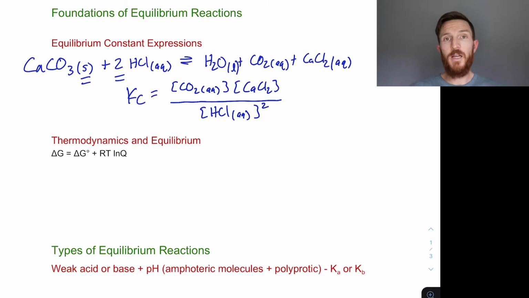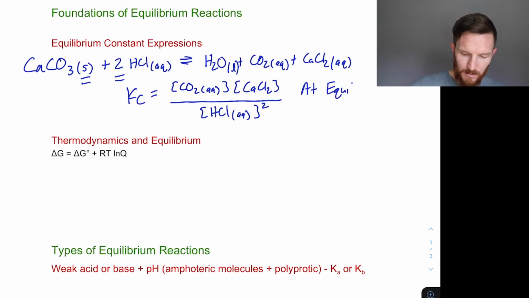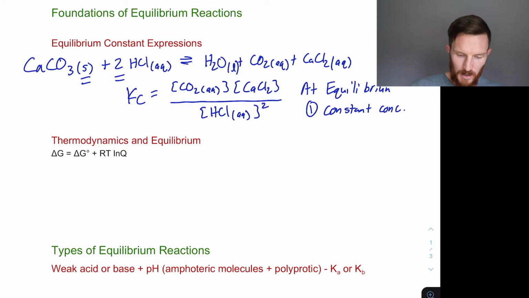So that would be our K expression, and that tells us at equilibrium, once we've reached this steady state, and by steady state we mean that our concentrations are constant. So at equilibrium, there's a couple of things to remind us about. Number one, we have a constant concentration of our reactants and our products.